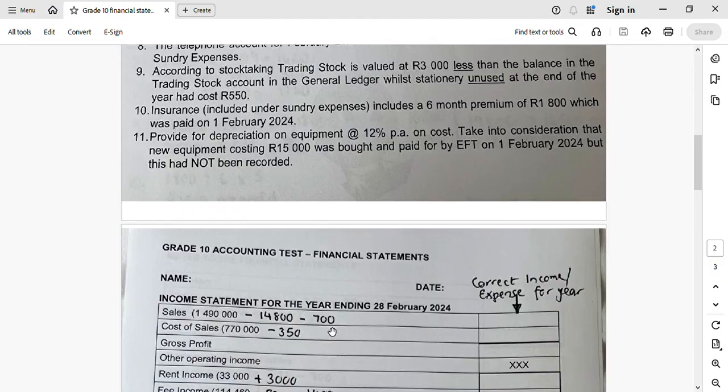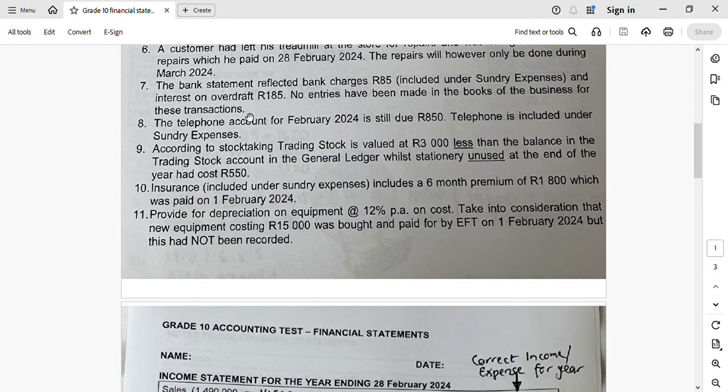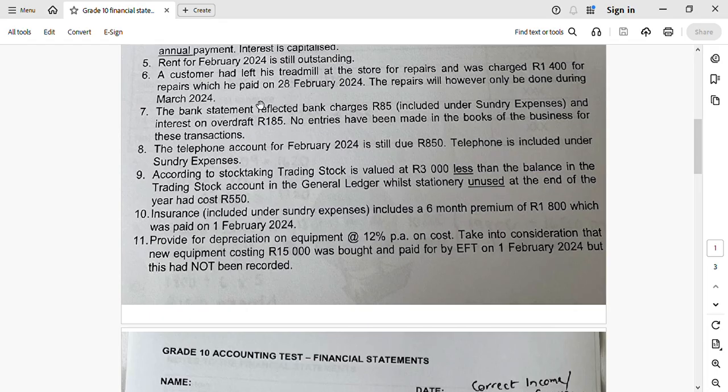The next one. A customer had left his treadmill at the store for repairs and was charged 1,400 Rand for repairs which he paid on the 20th of February. The repairs will, however, only be done during March. So in other words, for this one, we've received fee income, but we haven't done the work yet.